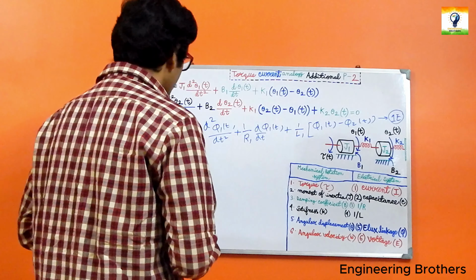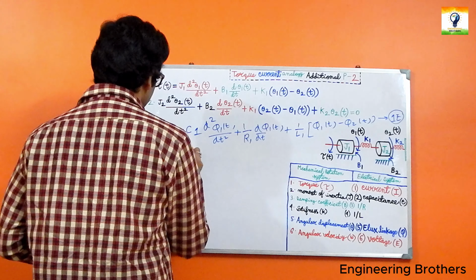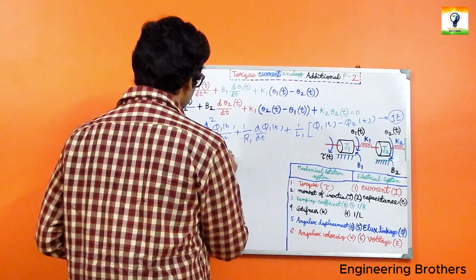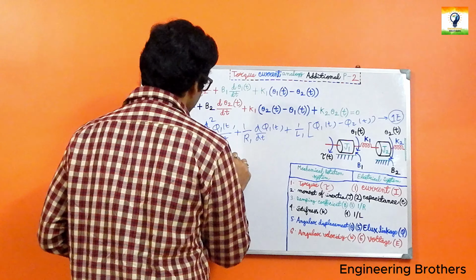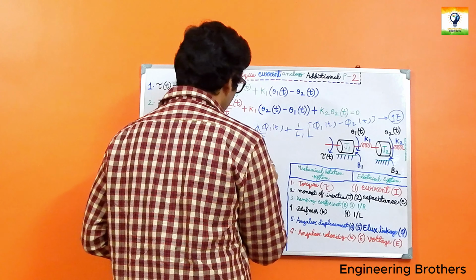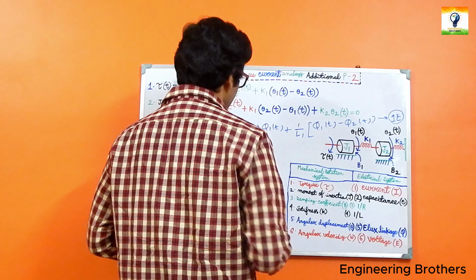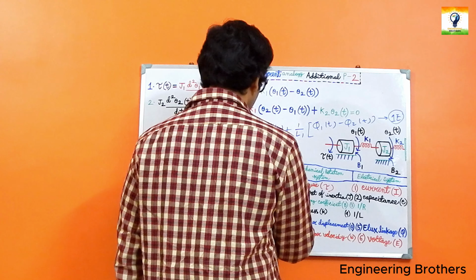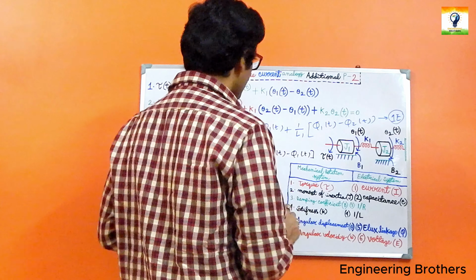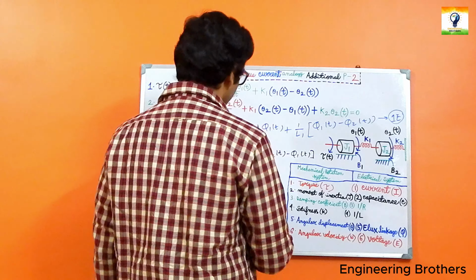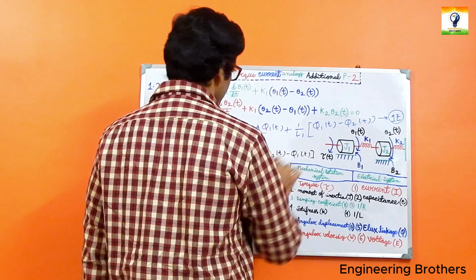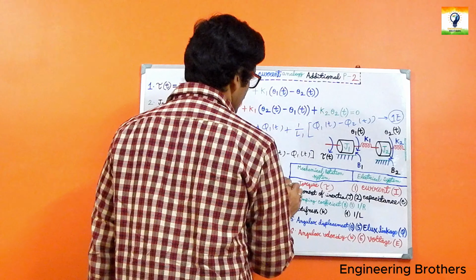The next equation will be C2 times d2 phi 2(t) divided by dt2, plus b2, replaced with 1 by r2, times d/dt of phi 2(t), plus k1, which is 1 by l1, and inside the bracket I have theta 2(t), meaning phi 2(t), minus phi 1(t), plus k2, which is 1 by l2, and theta 2, which is phi 2(t), equal to 0.